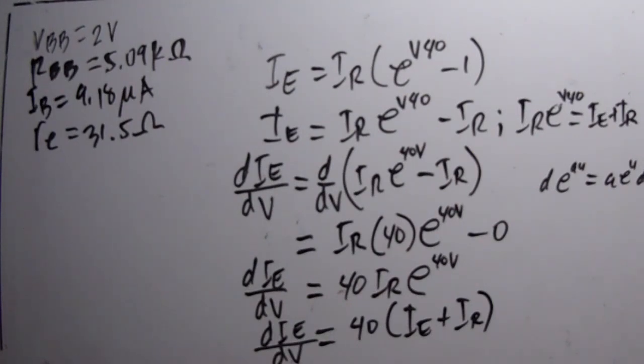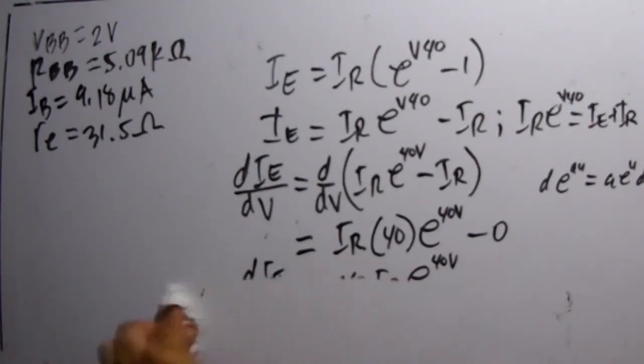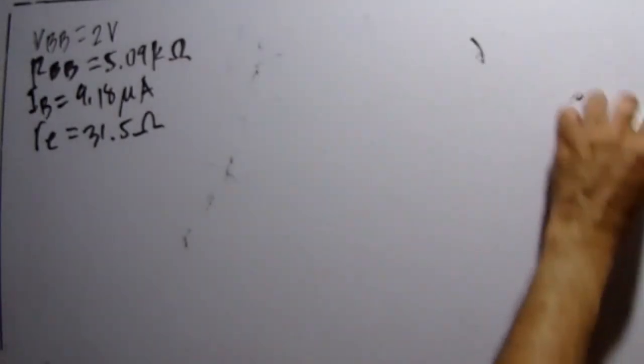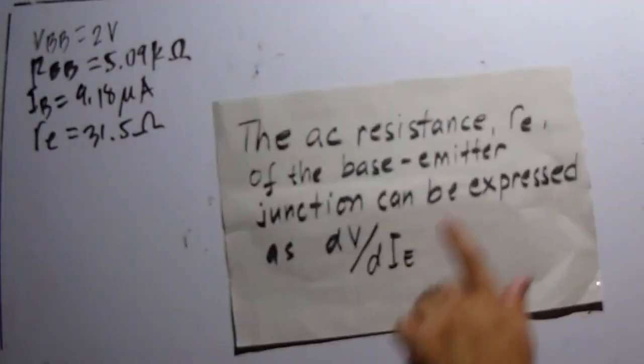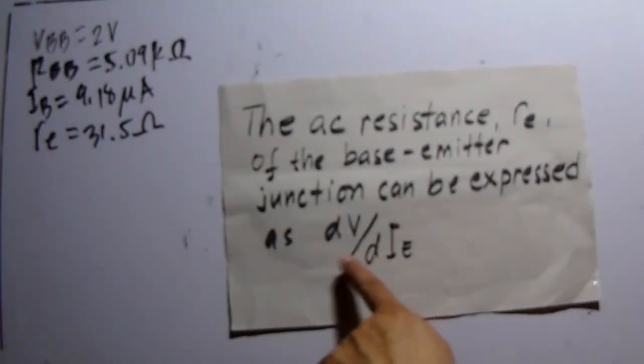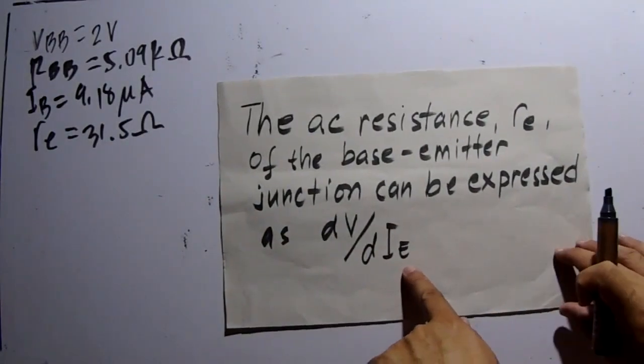Now, going back to what I've said before, the AC resistance RE of the base emitter junction can be expressed as dV over dIE.